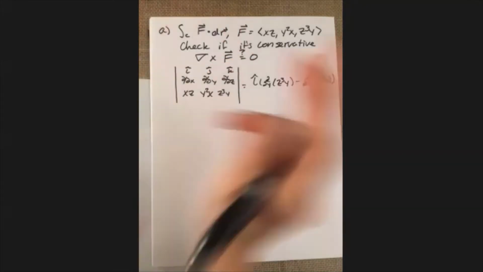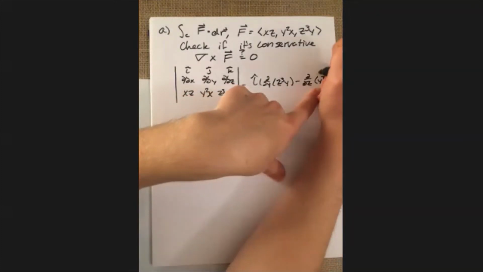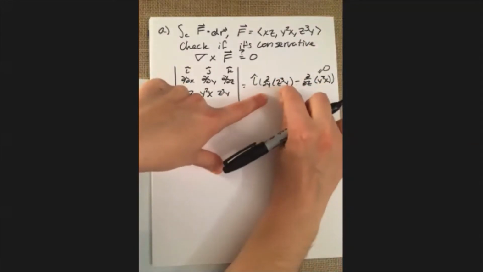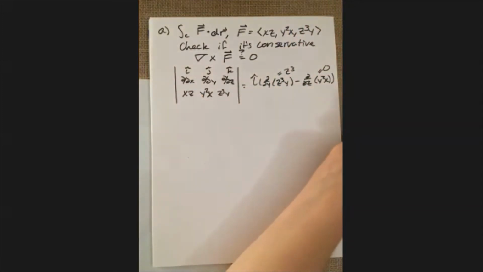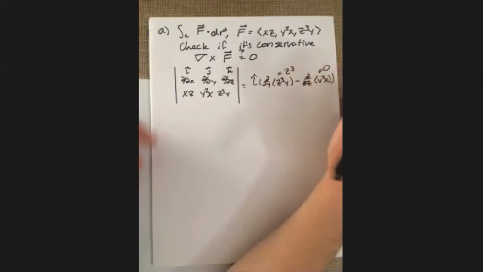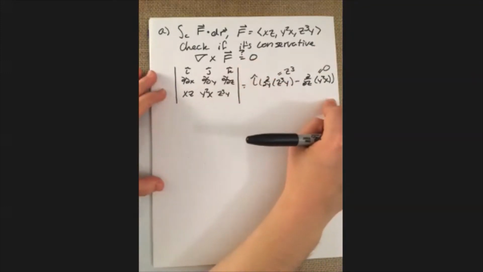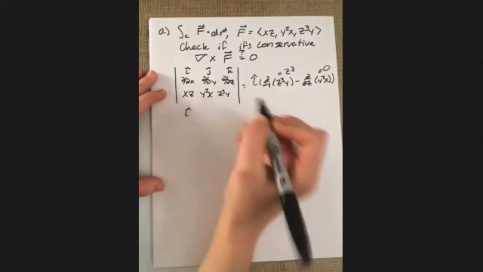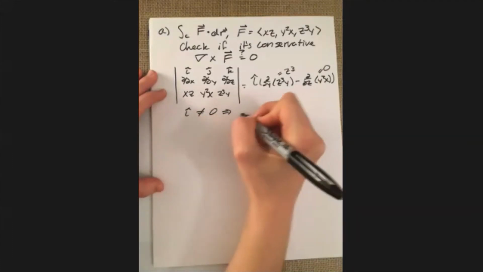I can look at this right now and say, okay, this piece right here, because there's no z in that, is equal to 0. But if I look at this right here, there is a y there, and I'm going to get z cubed. And that's not always going to be 0 for any value of z. I mean, if z is equal to 1, then we don't get a 0. So I already know that my resulting vector isn't going to be equal to 0. So I'm not even going to bother to compute the other two. So the i hat component is not equal to 0.